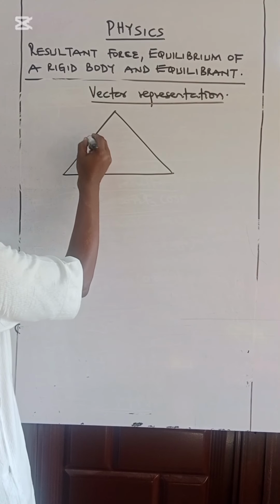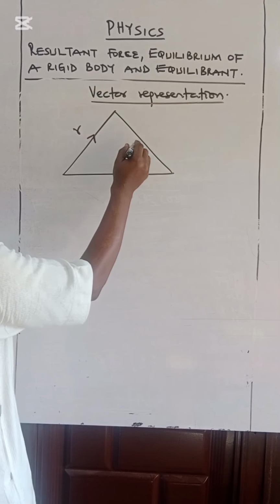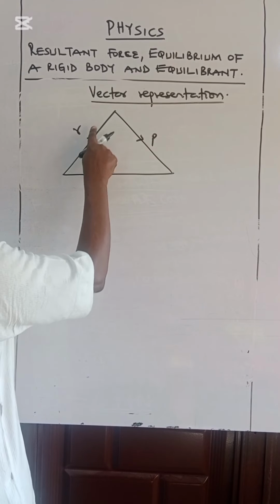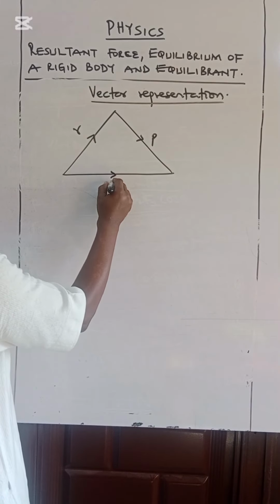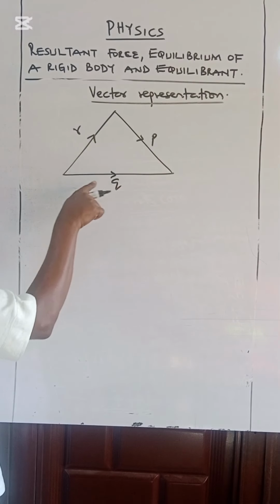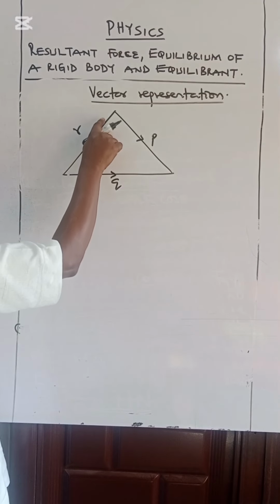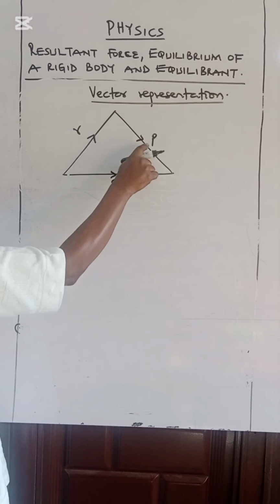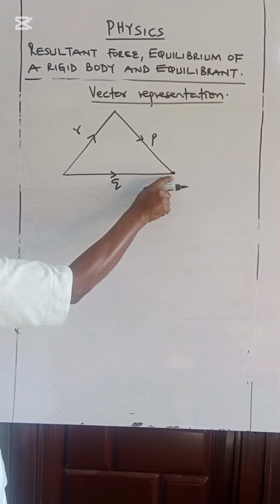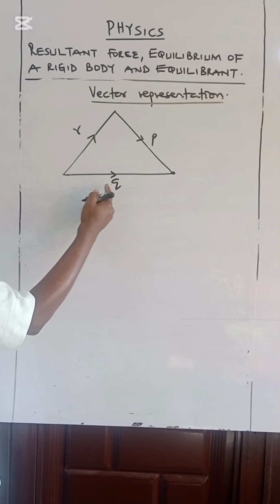Let's say you have R here, you have P here, and you have another vector Q here. From here, you will discover that this is the resultant. The lines of action of R and P meet at a point here. So Q is the one moving in the opposite direction, as you can see. So Q is the resultant.